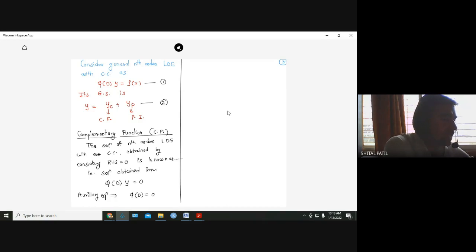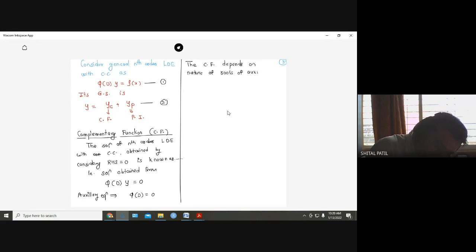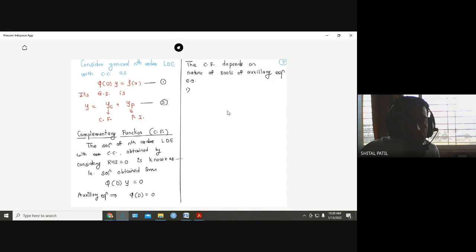I'll go to the next part directly since we don't have that much time. The complementary function depends on the nature of roots of the auxiliary equation. Right? What is the meaning of this? For example, we'll go through one example so that afterwards there will be no confusion.